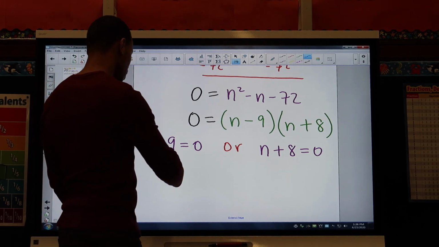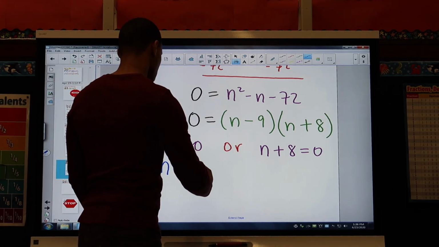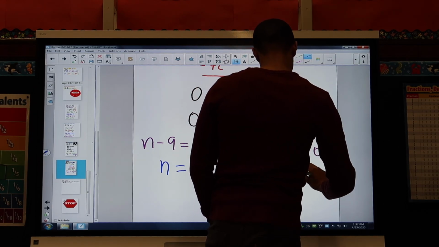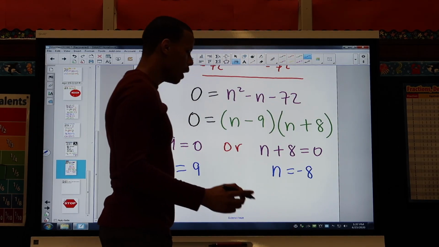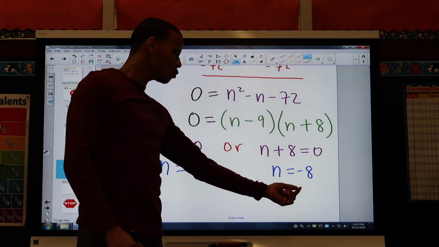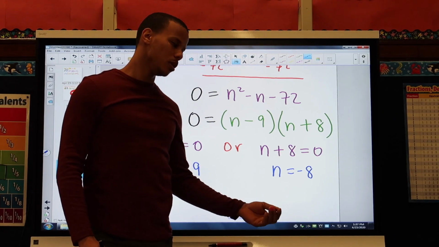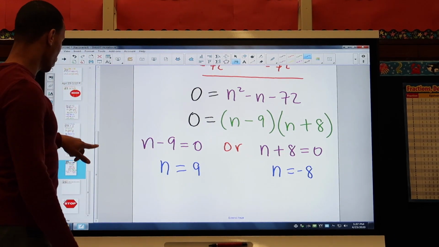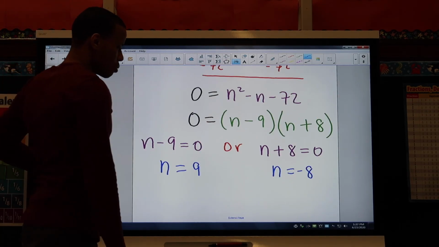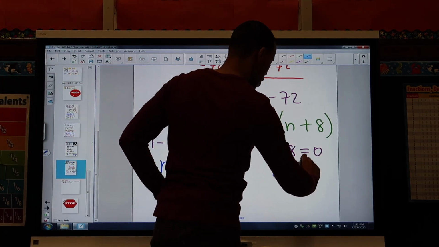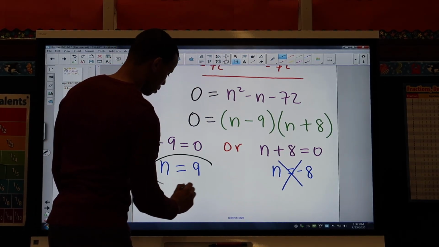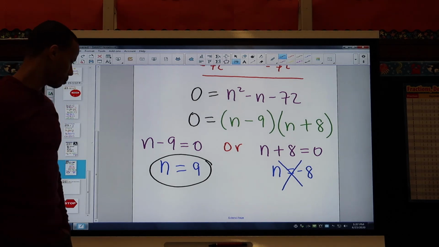So now solving for this one, I have that n is equal to 9, and then I have that n is equal to -8, right? 2 answers, but now you got to look at the problem. So is it possible for you to have a negative amount of people in the Supreme Court? Absolutely not. So now this one, this is a no, and then it gets you that you have 9 judges.